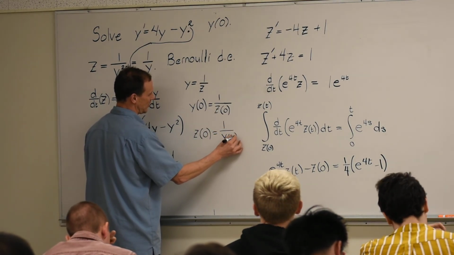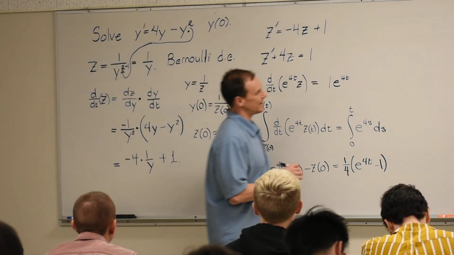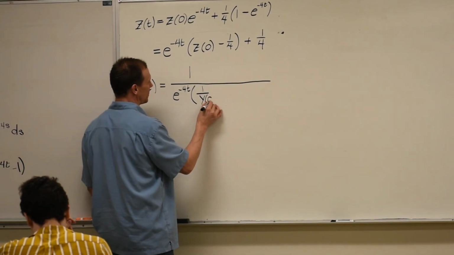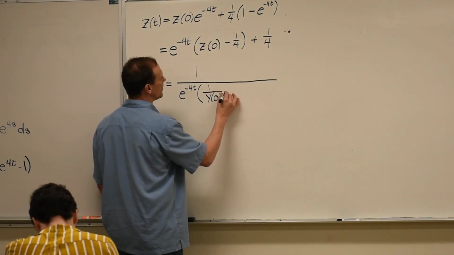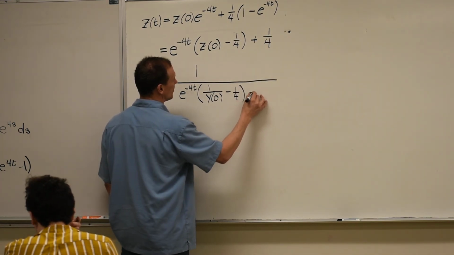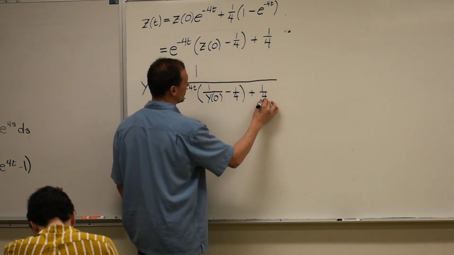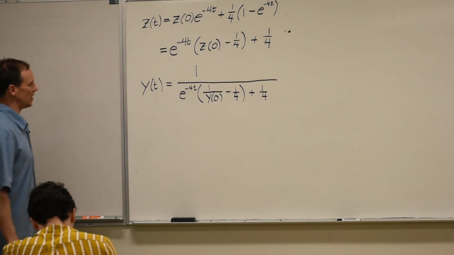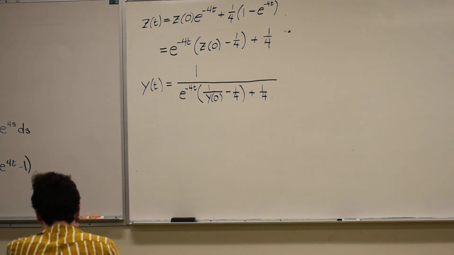Ah, okay, there it is. 1 over y of 0 minus a 4 plus a 4. And we're down to a good looking solution.